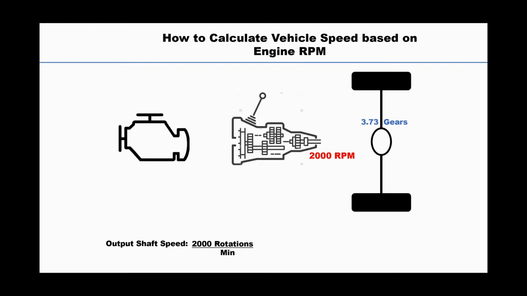That 2000 rotations per minute travels down the drive shaft and into the differential. The 2000 RPM will then need to be divided by your gear ratio. In this example, we use 3.73 gears. So we will take 2000 rotations per minute and divide that by 3.73.